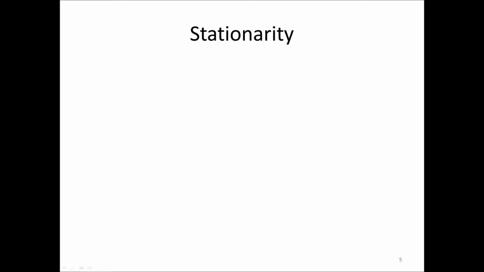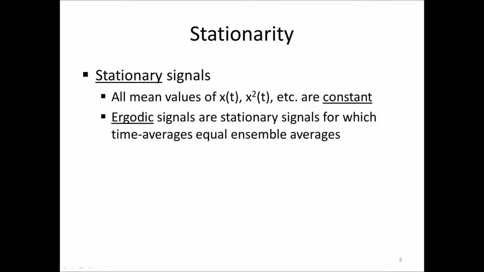Stationarity is a very common and important concept. A random signal is stationary if the mean of the signal and the mean of the signal squared, etc., are all constant. Some stationary random signals are ergodic.